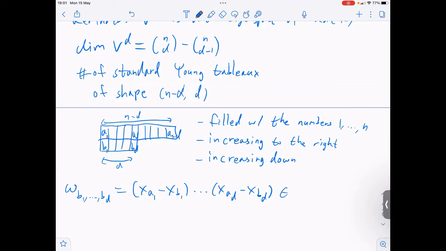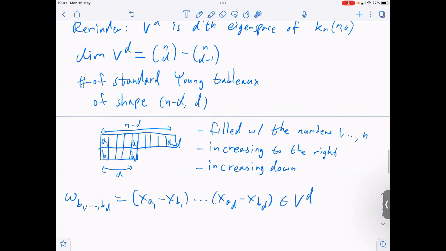And this is a function in Vd. This follows from the construction of Specht modules, but also you can check that if you apply the delta operator on this, then you get 0. To check it, because all of these coordinates are different, it's enough to check that if you apply delta on this kind of degree 1 polynomial, then you get 0, which is pretty easy.